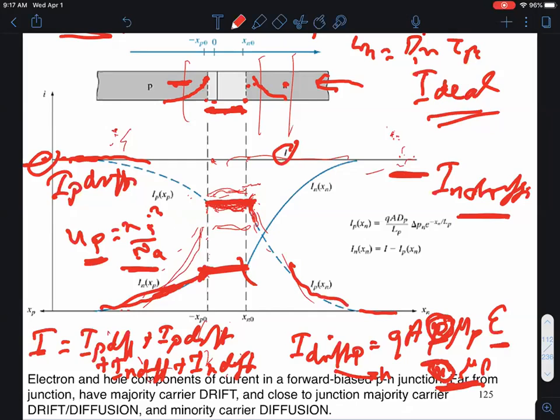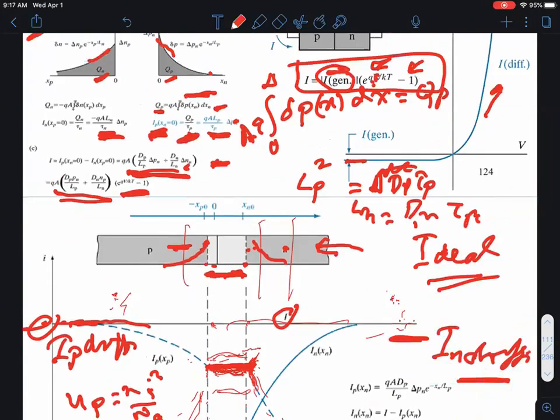I've now gone across and I've figured out what's the total hole current. So I can add this hole current, which is calculated at this edge of the depletion region, to the electron current at this edge, and that's going to be my total current everywhere, okay? So it's a lot of different things put together. So the only thing that we really need to do is to calculate what the diffusion currents are at the edges of the depletion region, right? And that's what we had done over here.